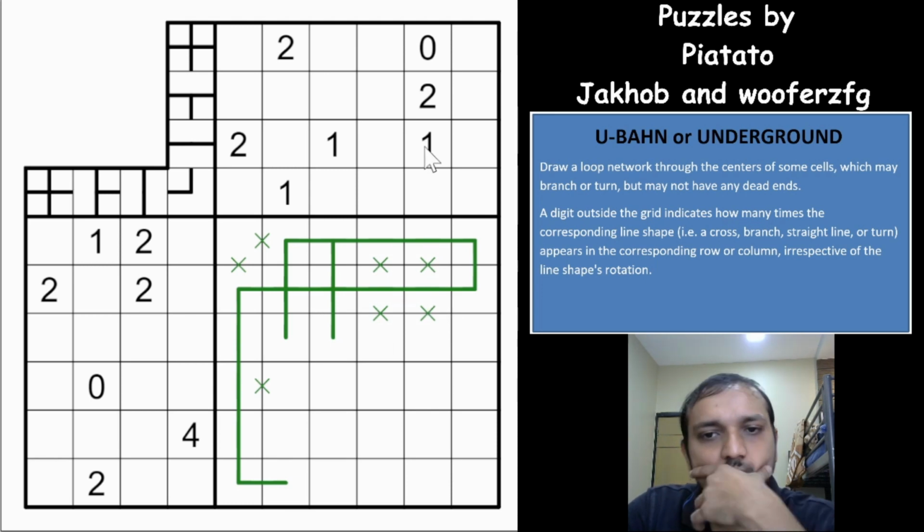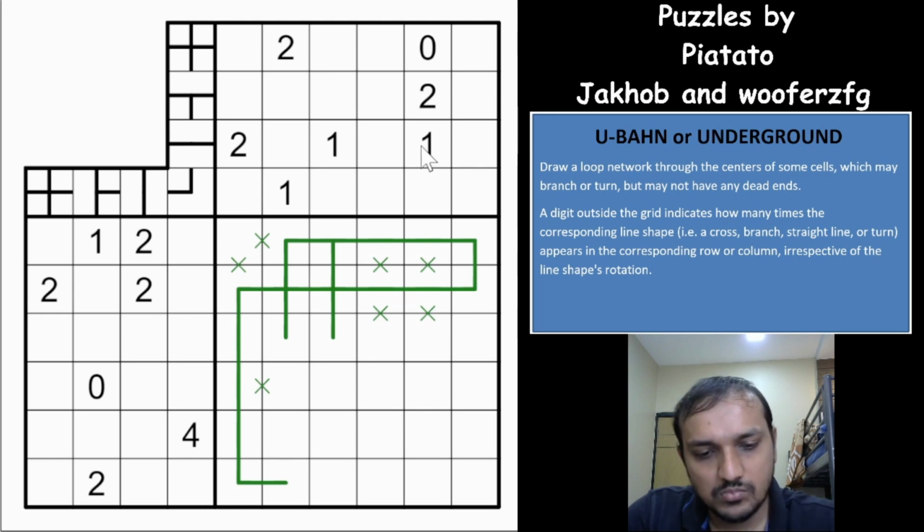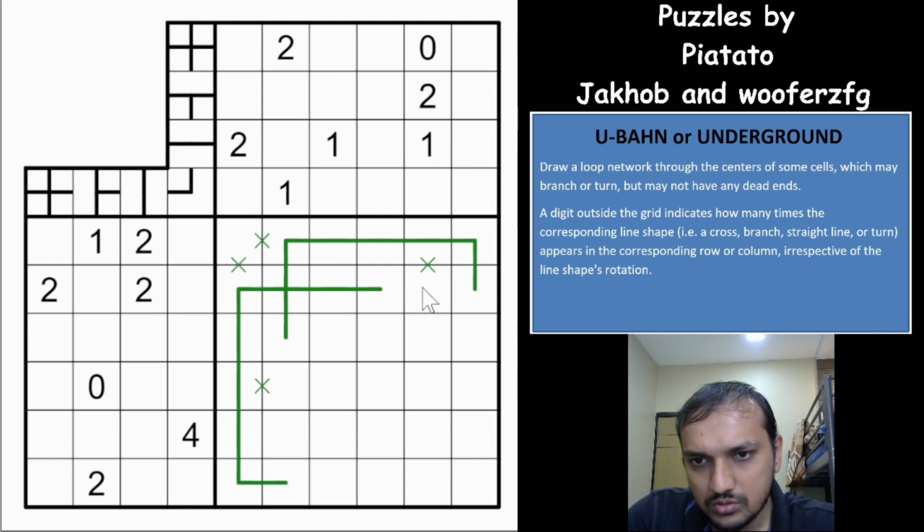Okay, but what am I doing wrong here? I'm not sure. Okay, so if I have a straight line this way, no, one of the plus will create a branch, that would be one branch, and two would have to be straight lines.